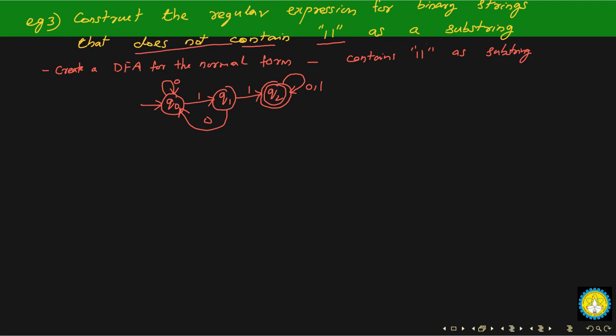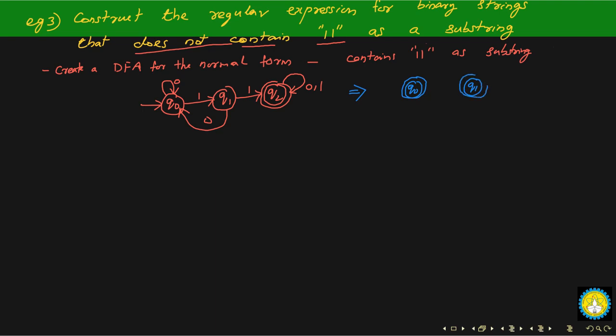Now it becomes very easy for us to convert it to a DFA that does not contain 1 as a substring. The only thing we need to do to obtain the complement form is to convert all the non-final states into final states and all the final states into non-final states. Here we have Q0 and Q1 as non-final states, so we make them final states. So in the equivalent DFA, Q0 is a final state and Q1 is a final state.